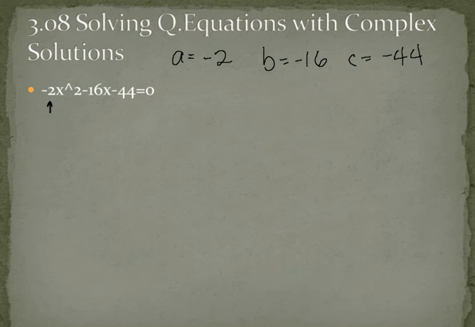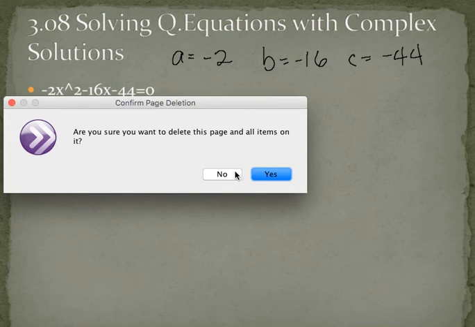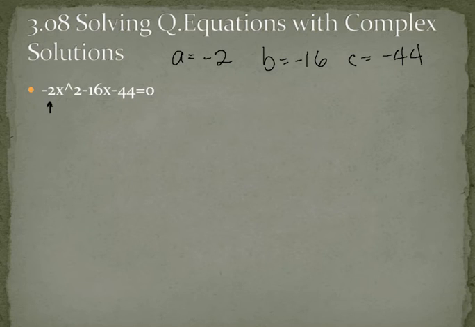So I'm going to use the quadratic formula, and I'm just going to start plugging these numbers in and see if I can come up with my two complex solutions. x is equal to minus b.